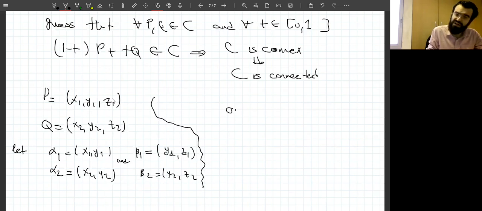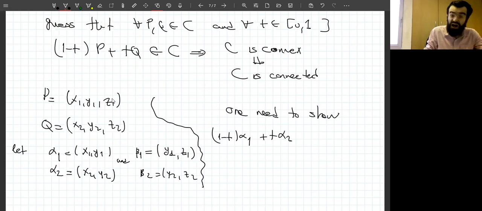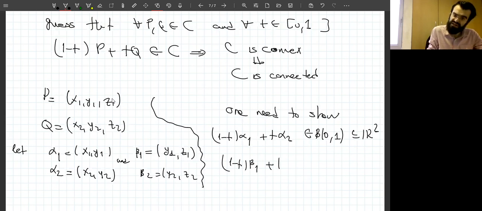Here, one needs to show that (1 minus t) alpha 1 plus t alpha 2, after projection, I will write the projection map, is in R squared. And (1 minus t) beta 1 plus t beta 2.